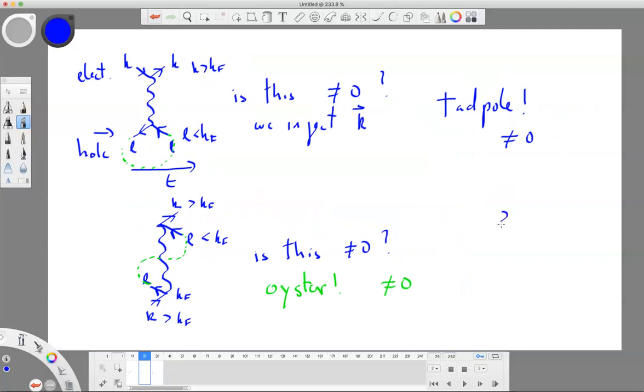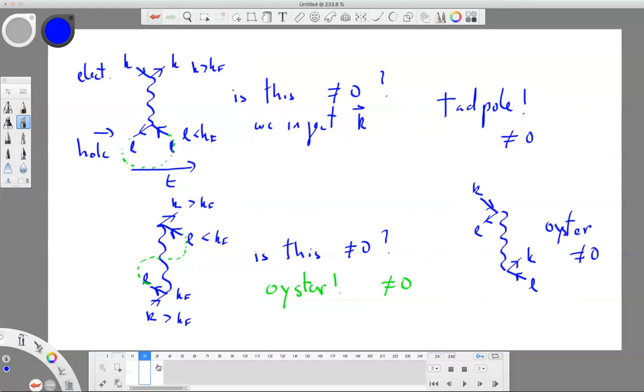So we have the interaction, and we can have, for example, the K now coming in this direction, going out, and then going out here, coming in here with the L. This is also the oyster, and it's different from 0.